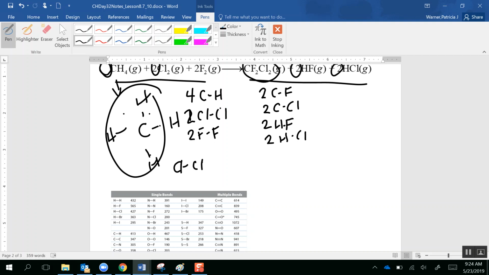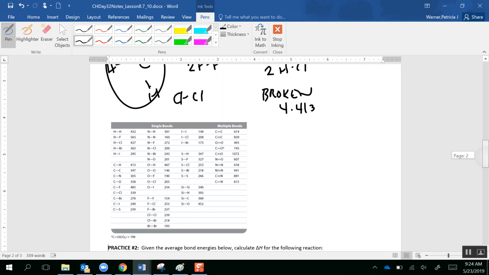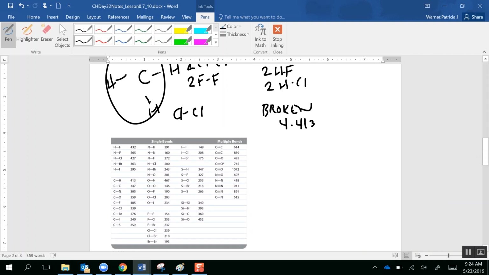So of the broken bonds, we have 4 times 413. We have 2 chlorine-chlorine bonds, and chlorine is 239. And then we have 2 fluorine bonds, and fluorine is 154.